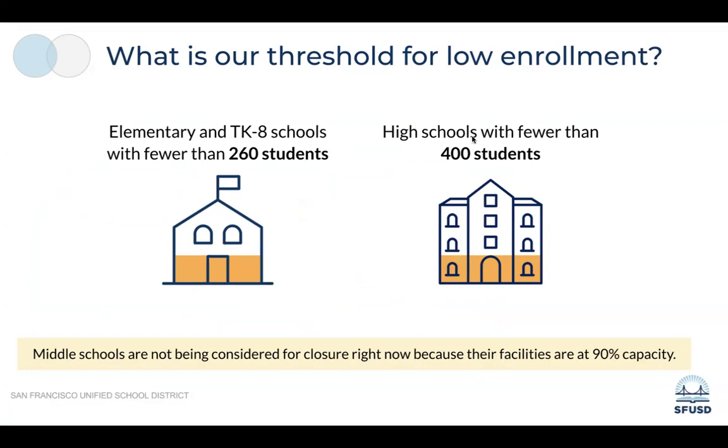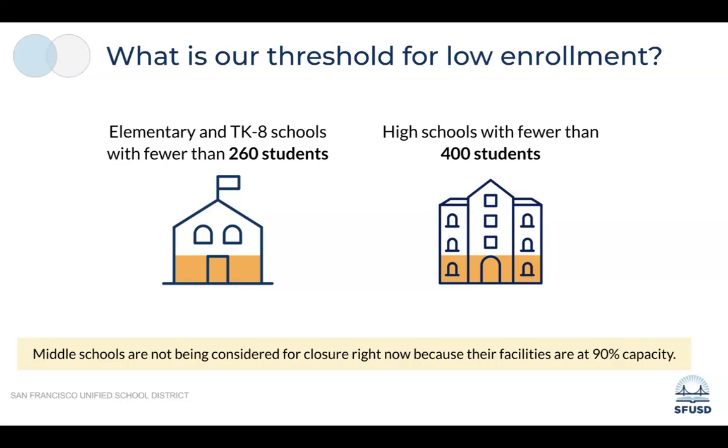And then for high schools, that's less than 400 students. 咁小學或者 TK 到8年班嘅學校，如果學生人數唔夠260個，就叫做低學生人數。咁高中如果低於400個學生，又叫做招生唔夠嘅學校。And then for now, all the middle schools have over 90% of capacity, so they're not looking at any middle schools for low enrollment.